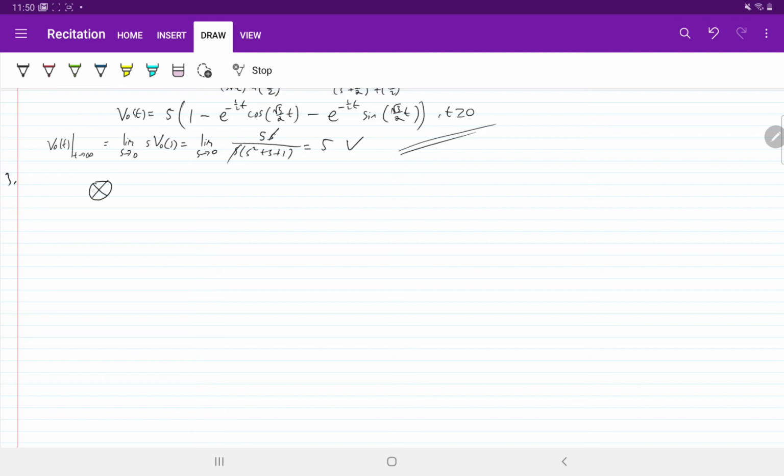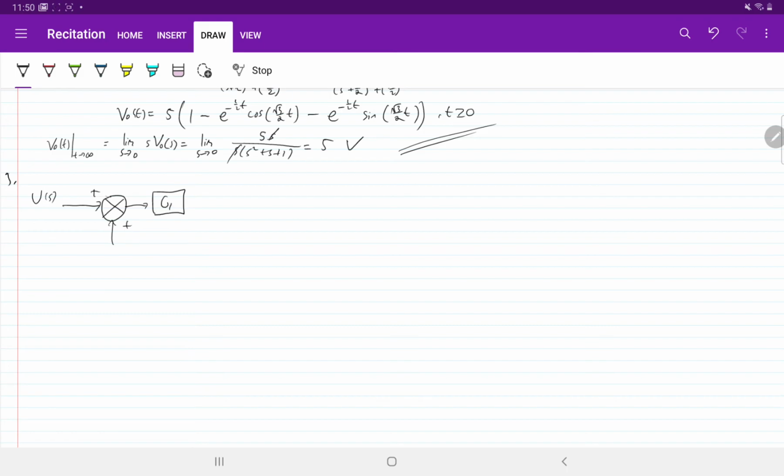You have a summation block, input. So this block diagram is in Laplace domain. You have G1.